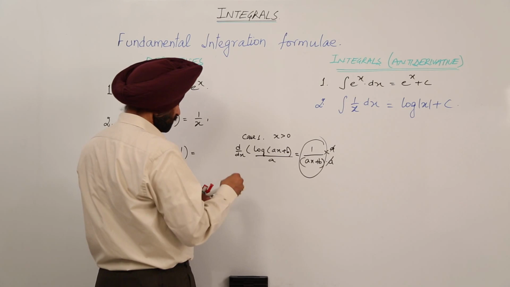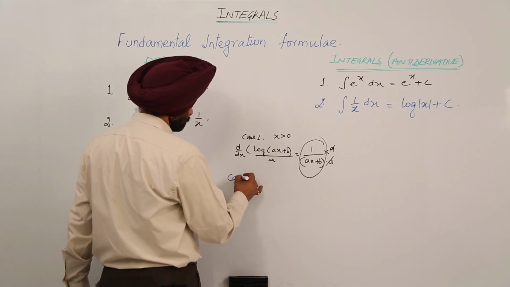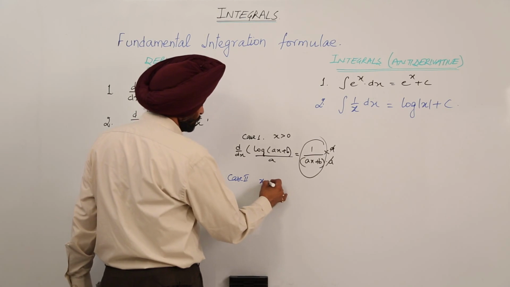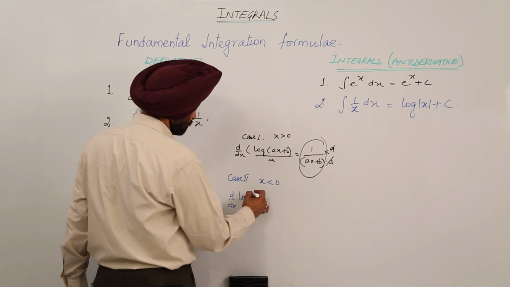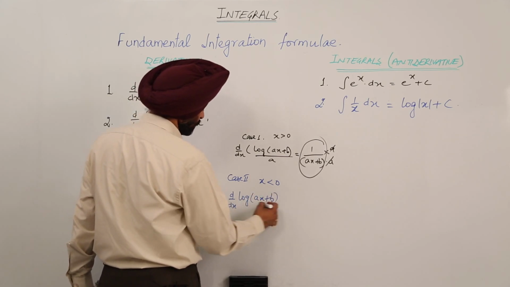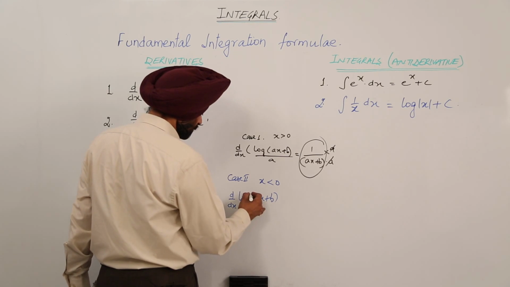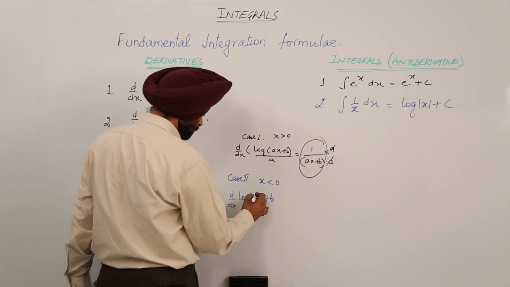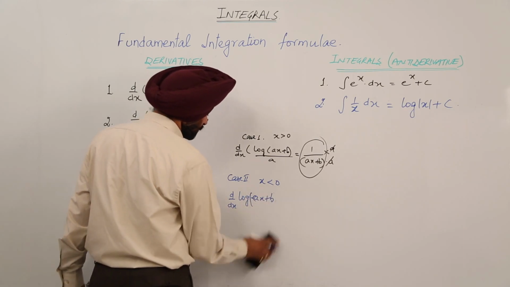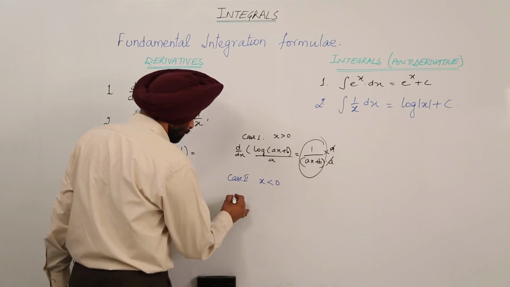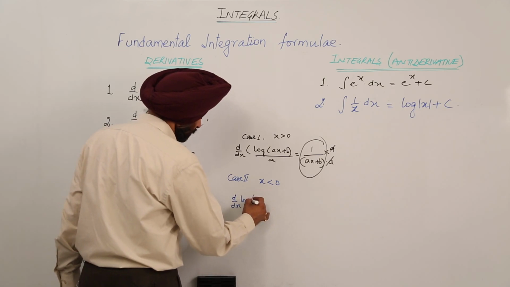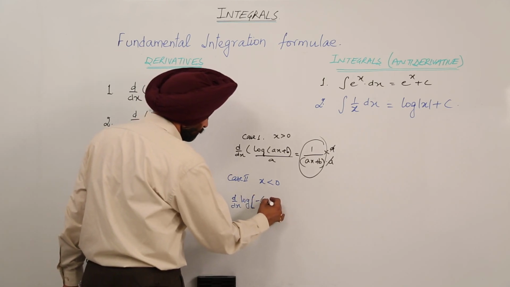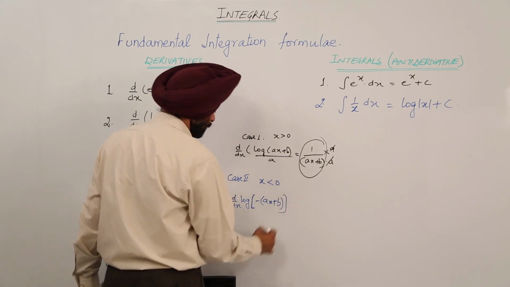Now case 2, x is less than 0. Now d by dx of log ax plus b, we can write it as negative of, okay, let me write it again, d by dx of log negative of ax plus b, like this.